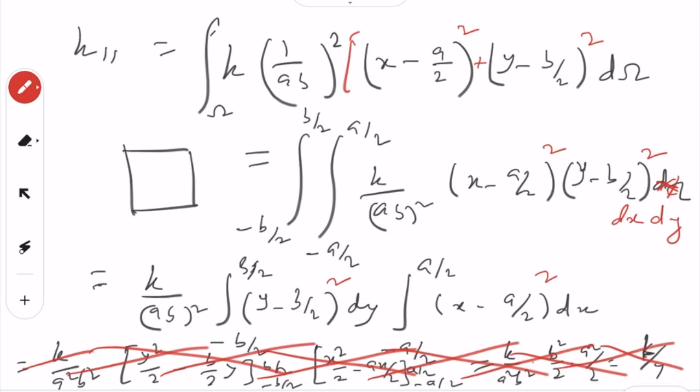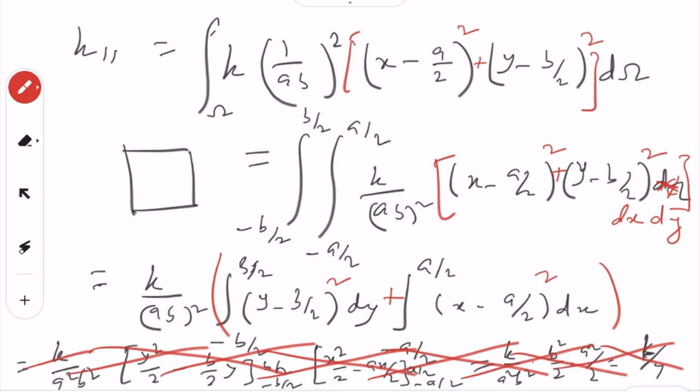So it will go like this one. Basically here plus like this, and hence we will have here like this and plus here, which will be like this.